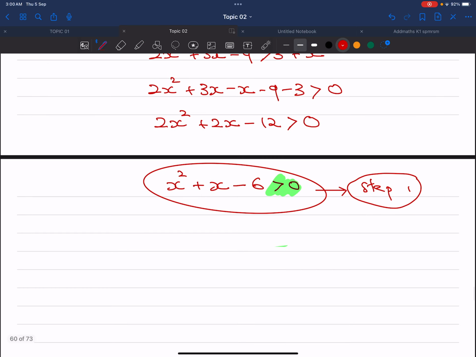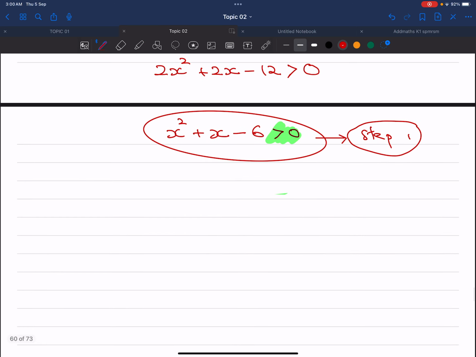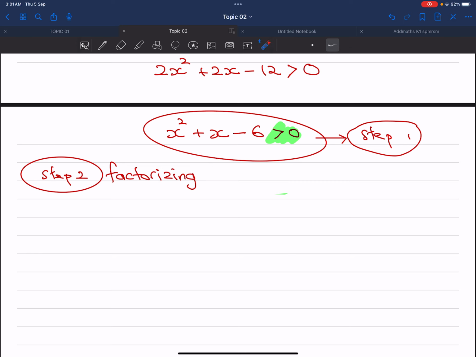Now we look at step 2. Step 2 is factorizing. We have to factorize the given expression, and factorizing you can do by calculator.